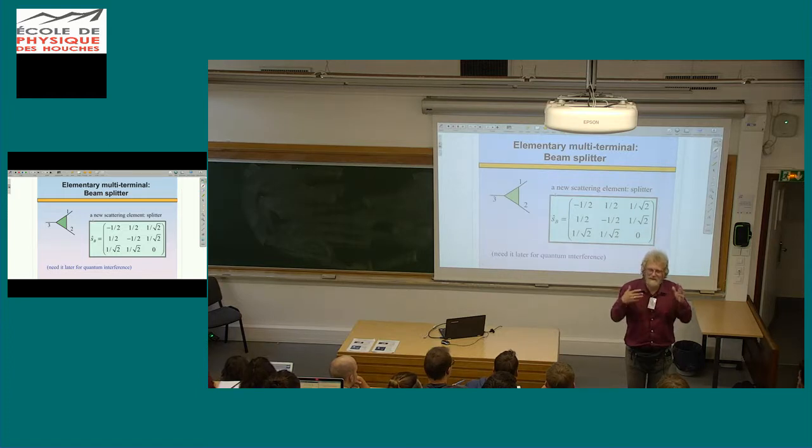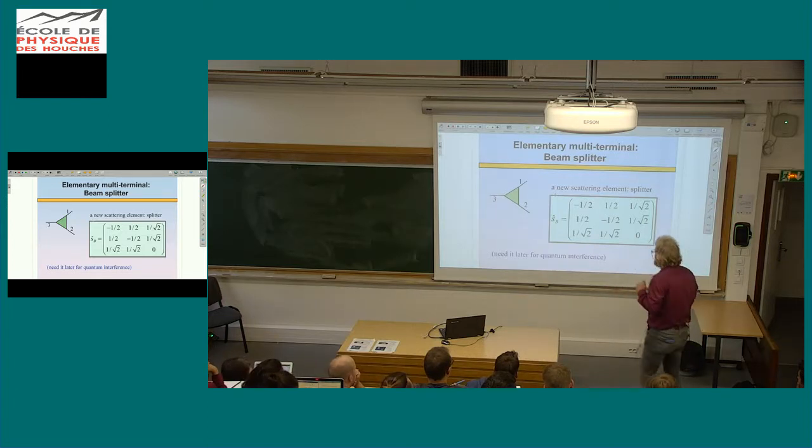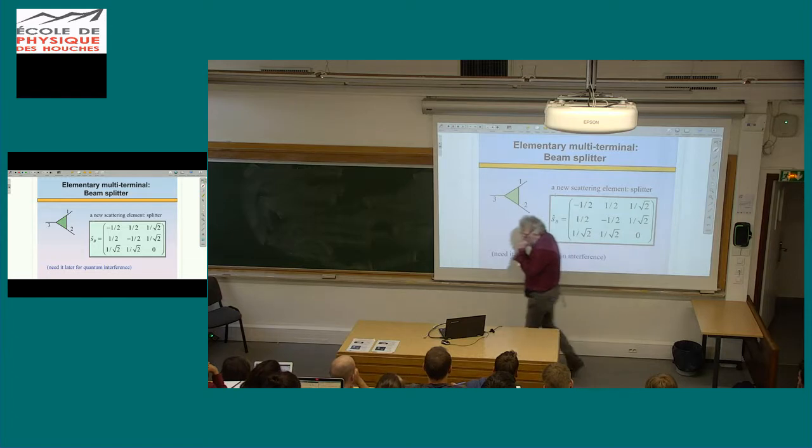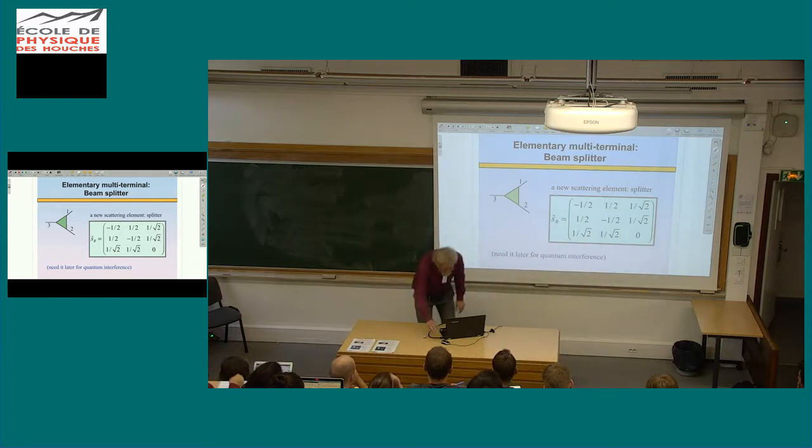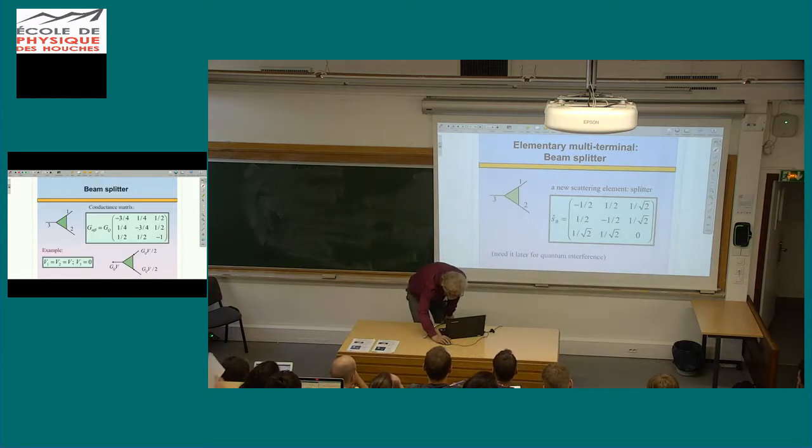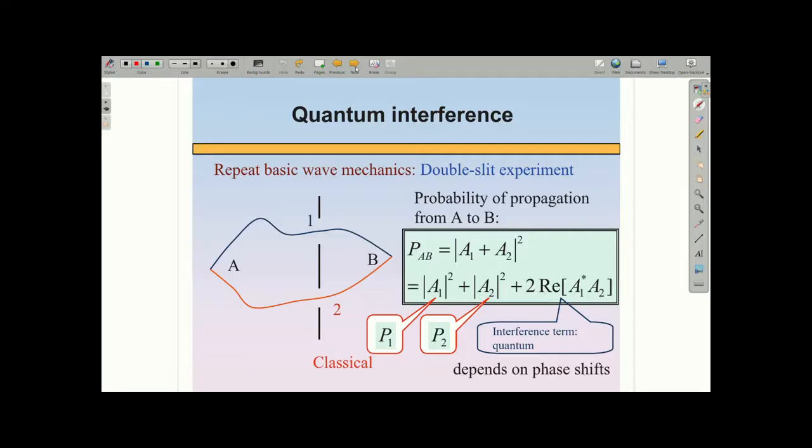One cannot devise a scattering matrix with these properties, provided the scattering matrix is unitary. No way, one cannot make such a beam splitter. All right, let me go on. One can compute the conductance matrix, but let's skip it.